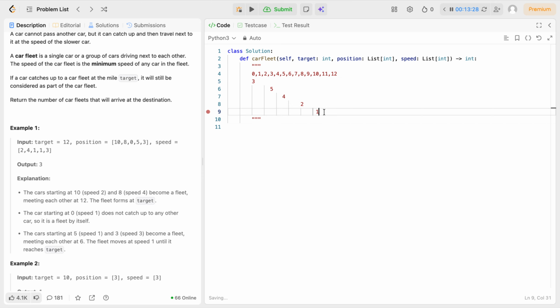Car 1 moves at speed 2, so it reaches the target there. Okay. Car 2 moves at speed 4: 1, 2, 3, 4. So when this moves, did these two become a fleet?